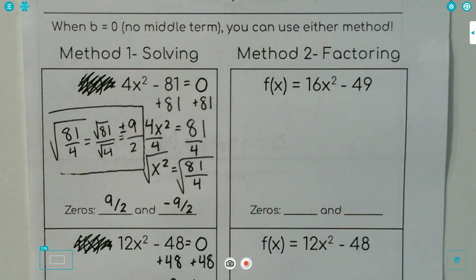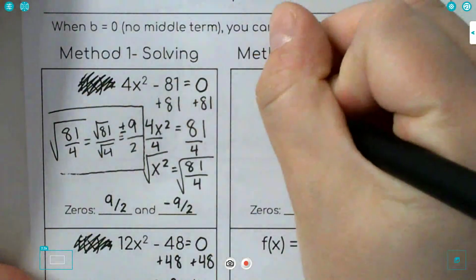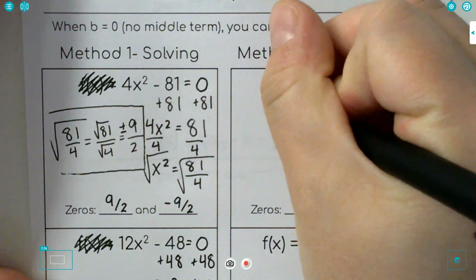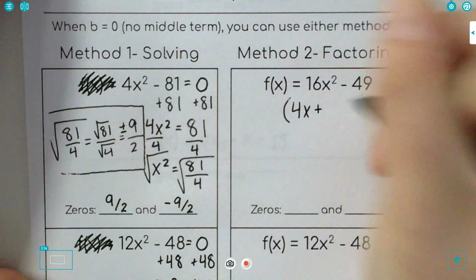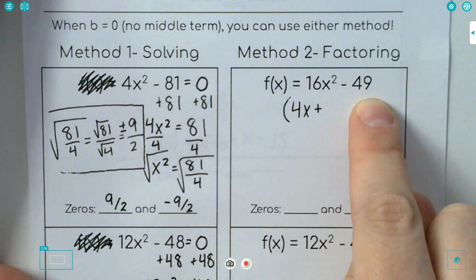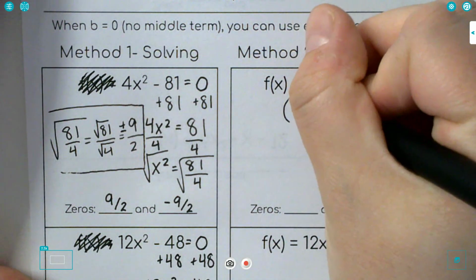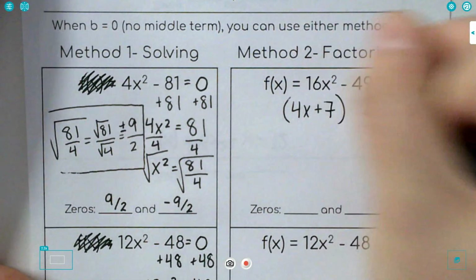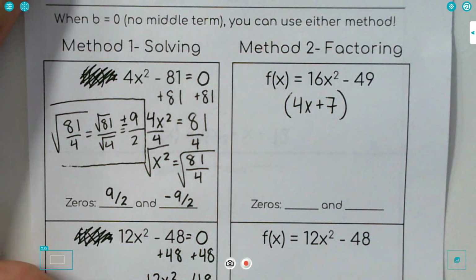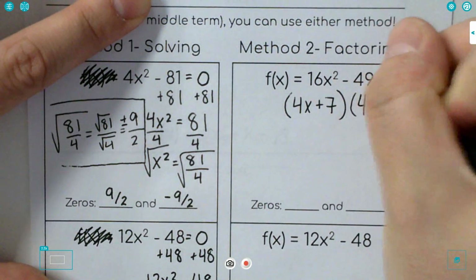What is the square root of 16? What's the square root of x squared? X. So my difference of squares is going to be 4x plus, what's the square root of 49? 7. And then my other piece is going to be 4x minus 7.